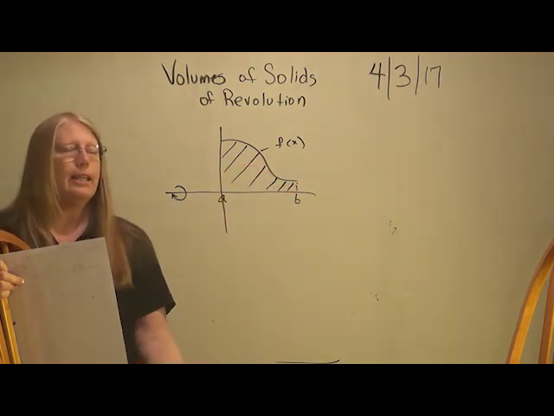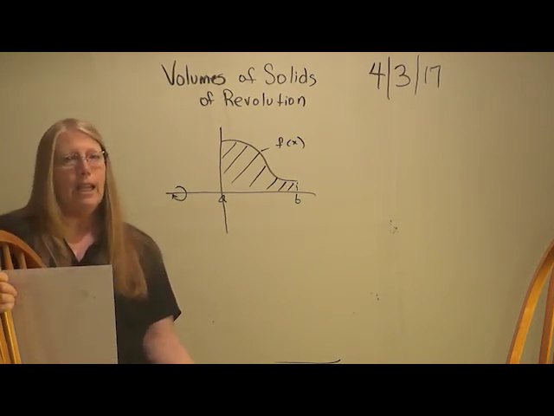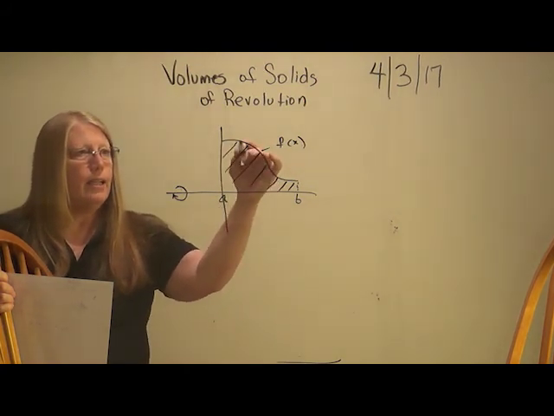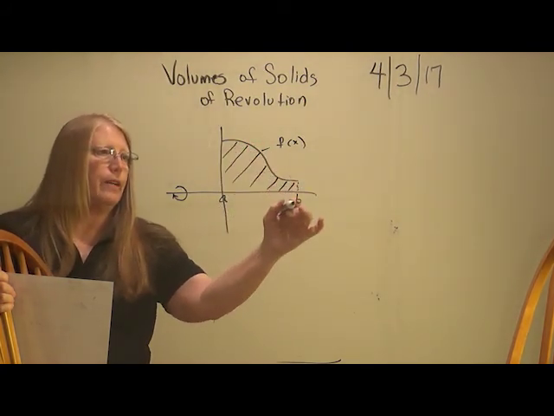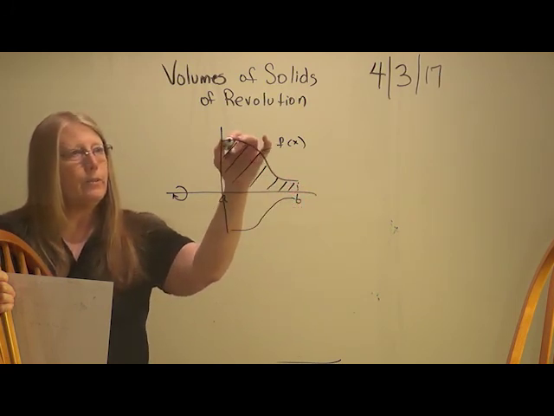So when it does that, can you envision the actual shape that is created? I will try to draw it. So we're going to revolve it. So this will come down here, and all of this will be rounded.